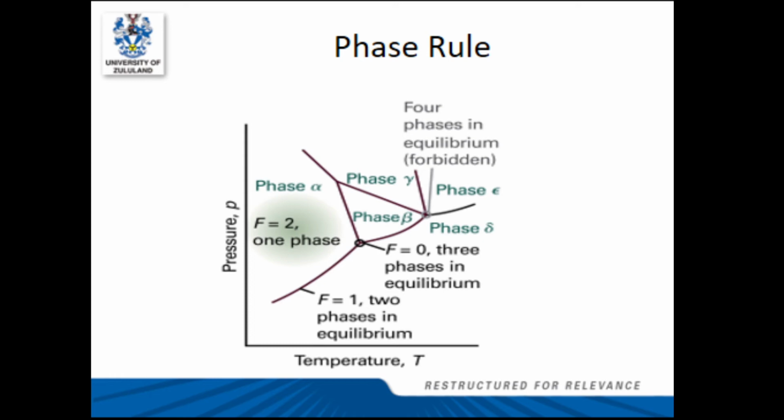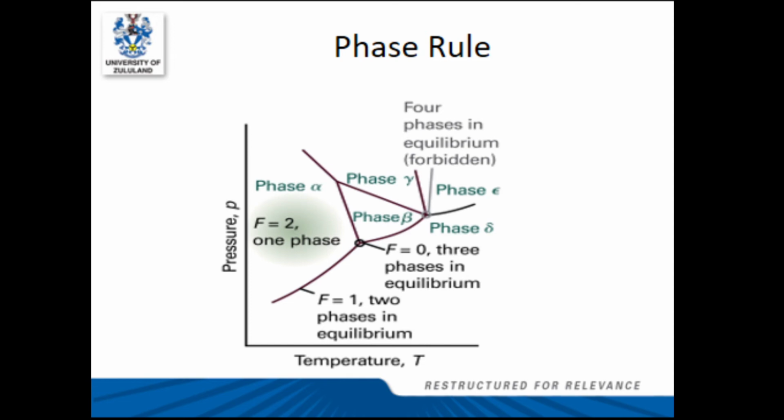As you can see from this particular diagram, when we increase the temperature, the pressure is also increasing until the triple point. And beyond the triple point, when we increase our temperature, our pressure seems to be decreasing.